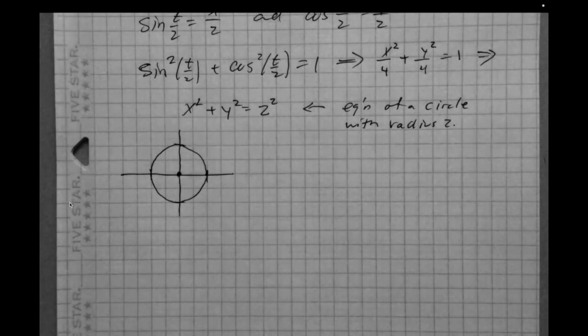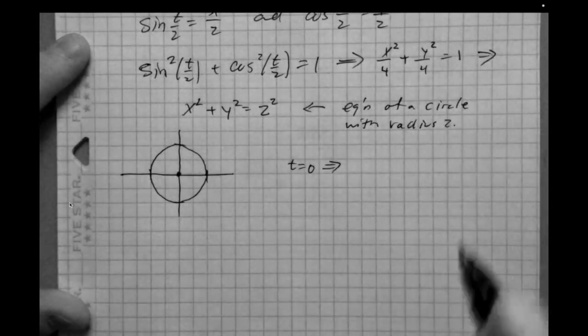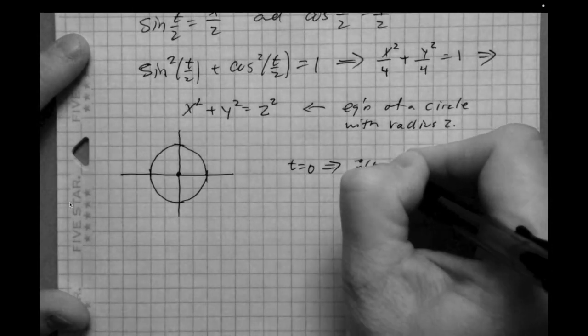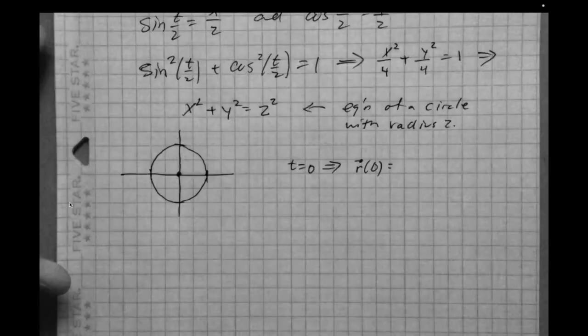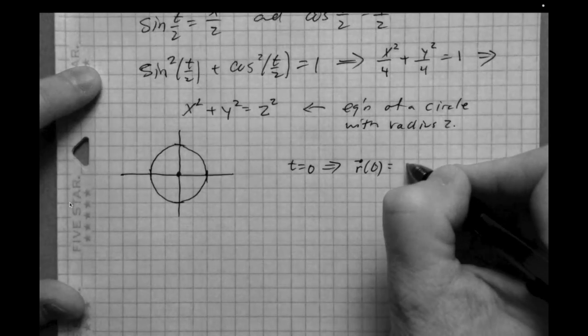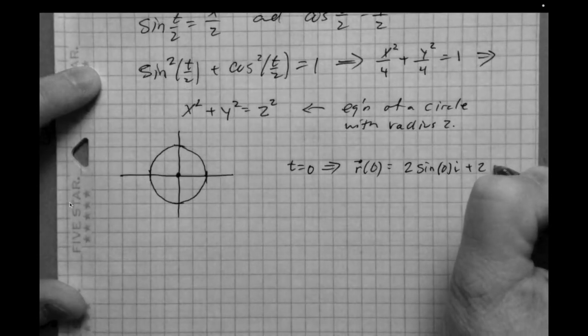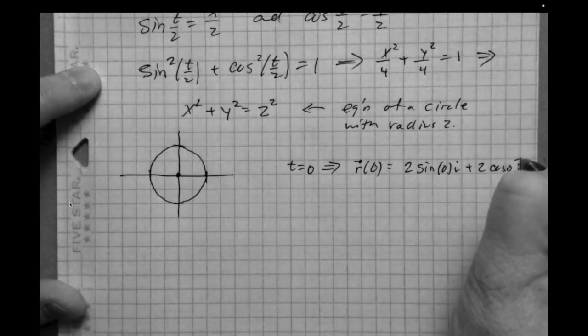Now, we know that vector-valued functions, and specifically this position function, have an orientation, meaning that as t increases, the function moves in a definite direction around this circle. Let's see what that might be. When t equals 0, r of 0 is 2 times the sine of 0 i plus 2 times cos 0 j.